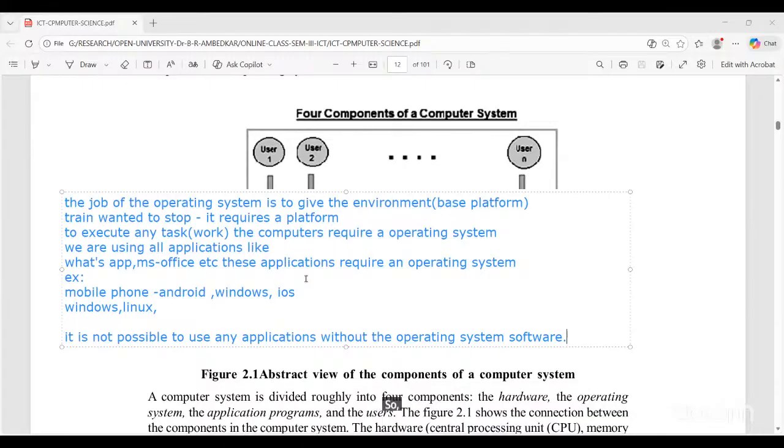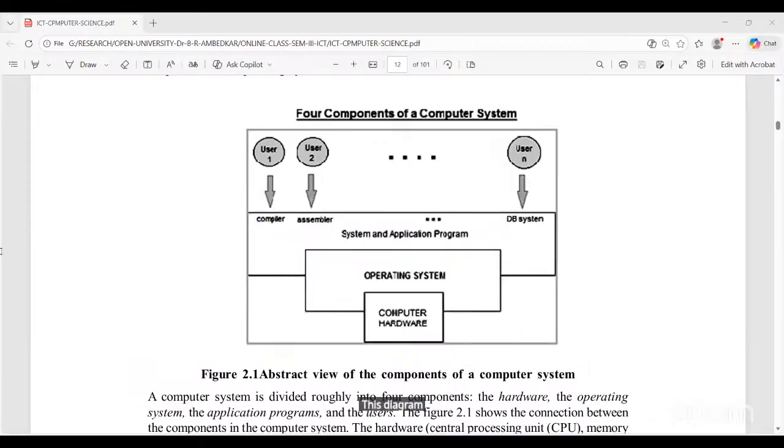This diagram shows hardware, this is an operating system, and these both depend on each other, and these are the application programs.